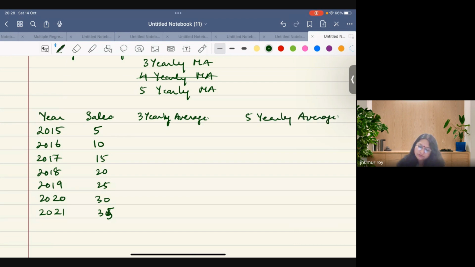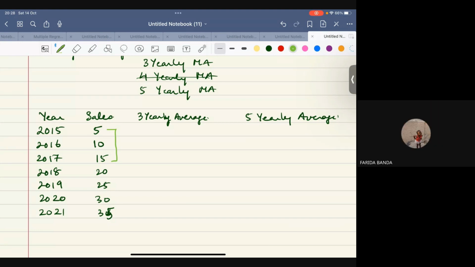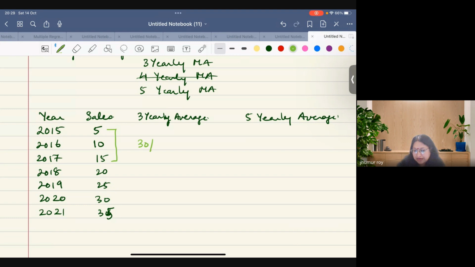When we talk about the 3-yearly average, we take 3 years, so it is 5 plus 10 plus 15. What is the amount that we get? 30. So we do 30 divided by 3, that is equal to 10.